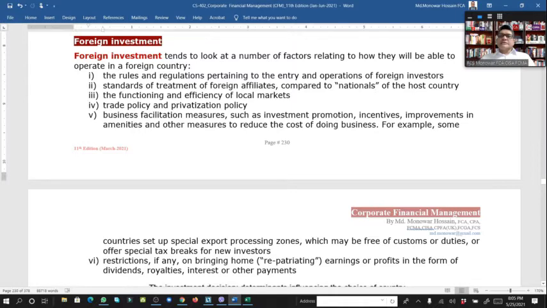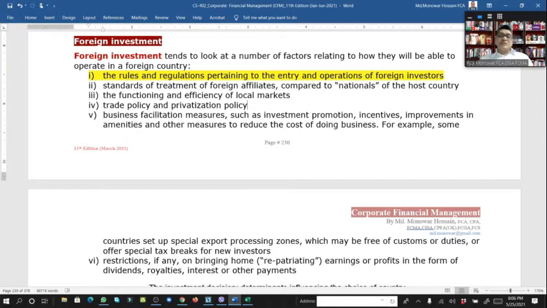So there are types of rules and regulations, because if the host country gives the facility, for example, if any foreign company comes to Bangladesh, then we have different types of tax law. They cannot send their total profit to their own country. And at this moment there are different types of flexibility also, and sometimes some restrictions also.